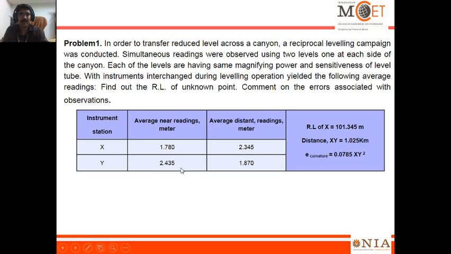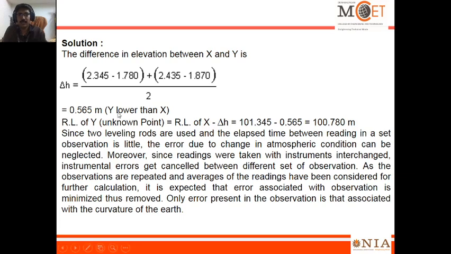So from here we can observe that x is higher compared to y, right? So y is lower than x. The RL of x is given, so the RL of y must be lower than that. So the RL of x minus the difference in elevation gives the RL of y, the unknown point.